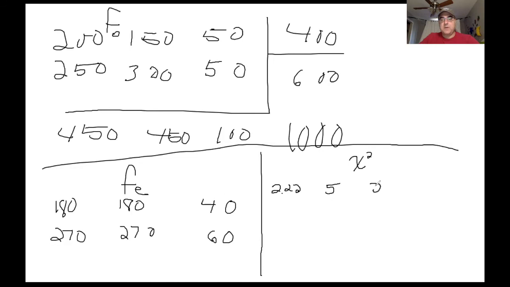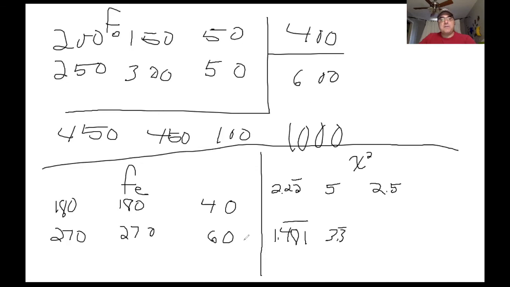2.5. All right, so now we have half of the contributors to the chi-square statistic happening right here. 270 minus 250, that's 20. 20 times 20 is 400. 400 divided by 270 equals a messy 1.481 repeating. 270 minus 300, that's 30. 30 times 30 is 900. 900 divided by 270 here, 3 1/3, 3.33 repeating.